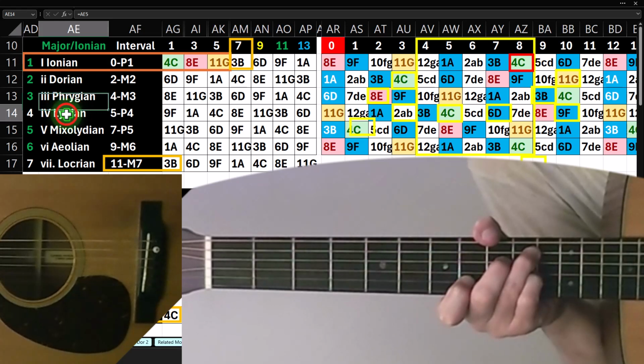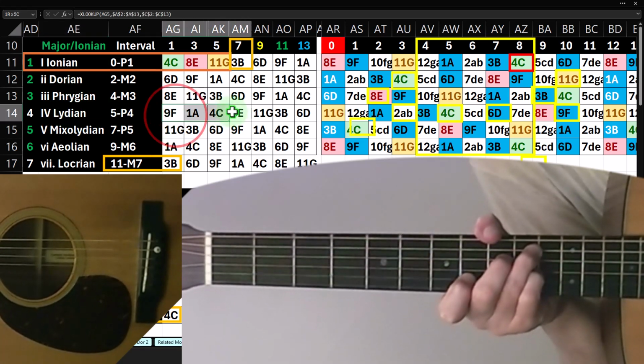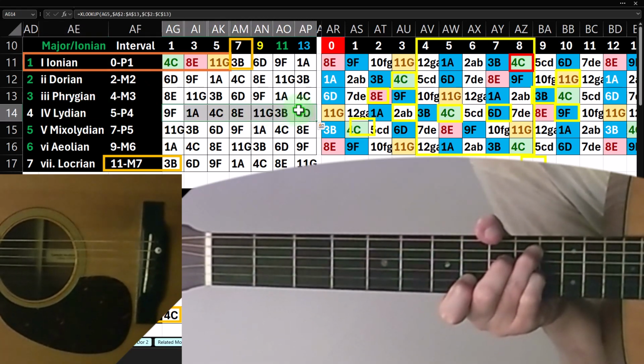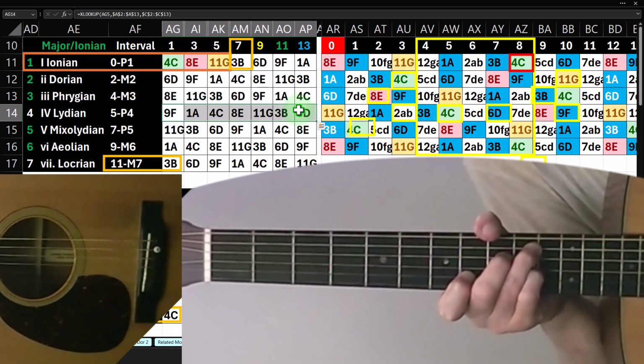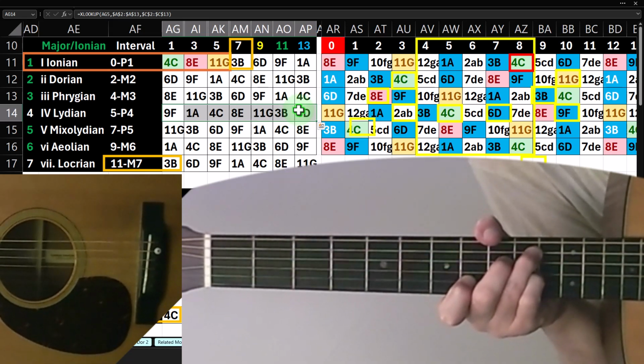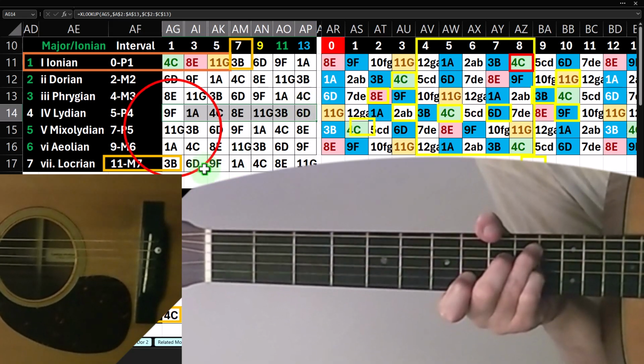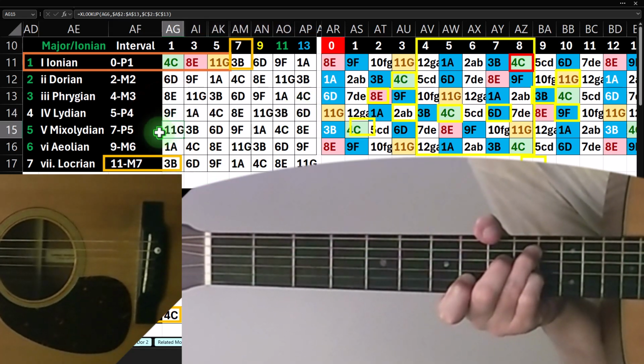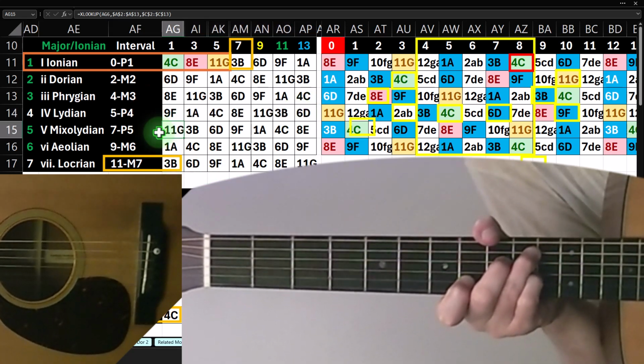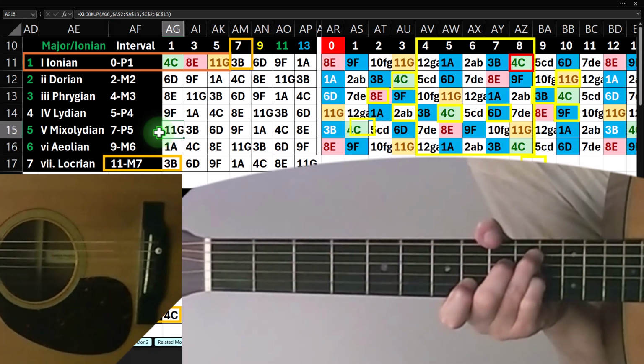And then when I go to the 4, I'm not really playing a Lydian modal chord. I'm kind of switching the 4 and playing it as though I was playing an F Mixolydian chord. And then when I get to the 5, I don't have to convert it. I can think of it as a G Mixolydian.